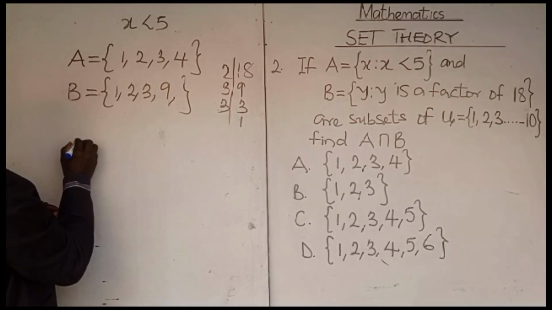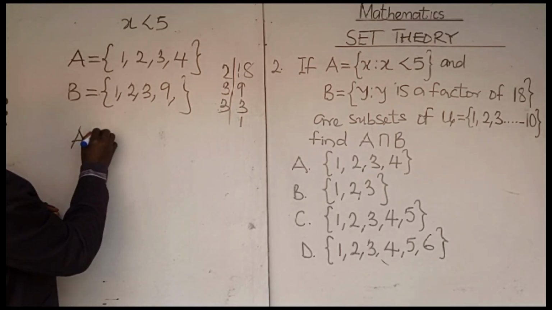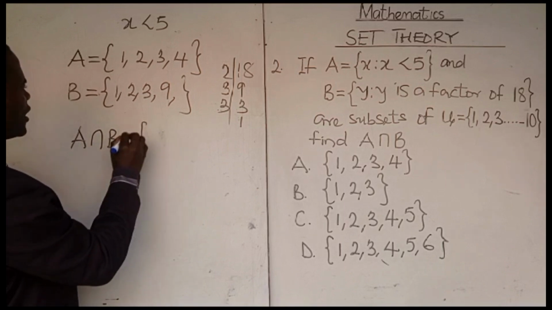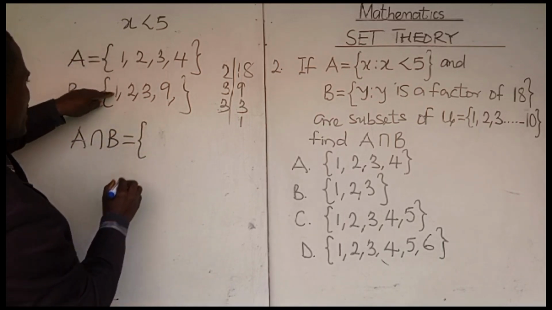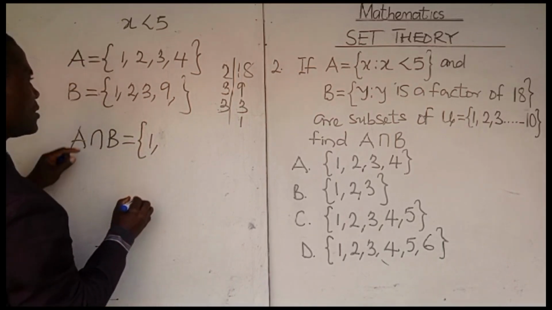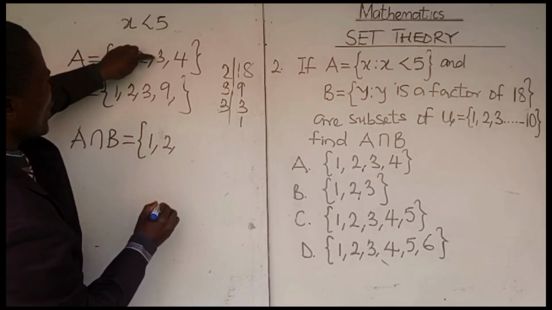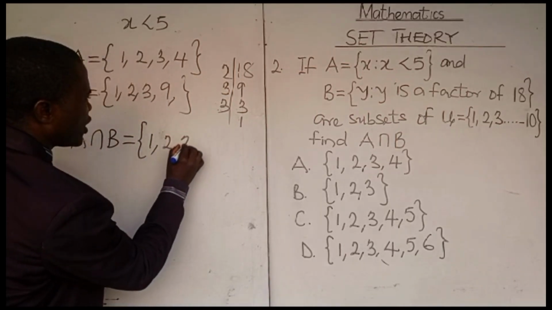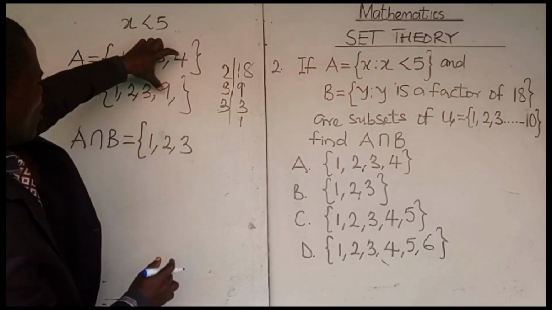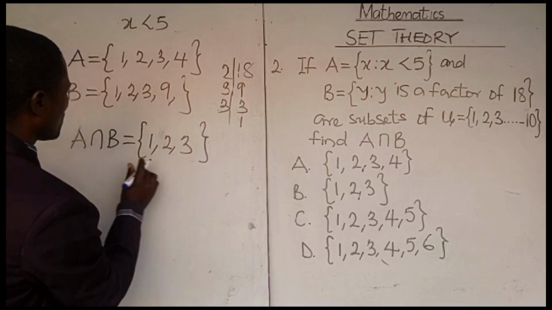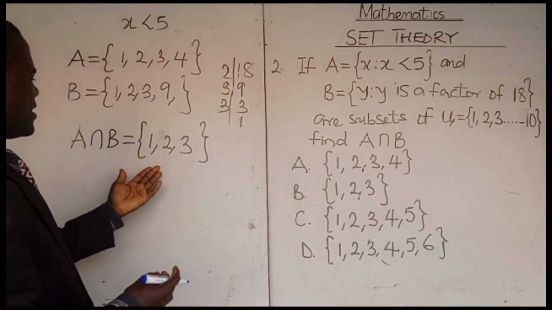The first number, which is A intersection B, they include 1 is common, we are going to write 1. 2 is common, we are going to write 2. 3 is common, we are going to write 3. Is there any number that is still common? There is no other number. And so this is going to be the final answer.